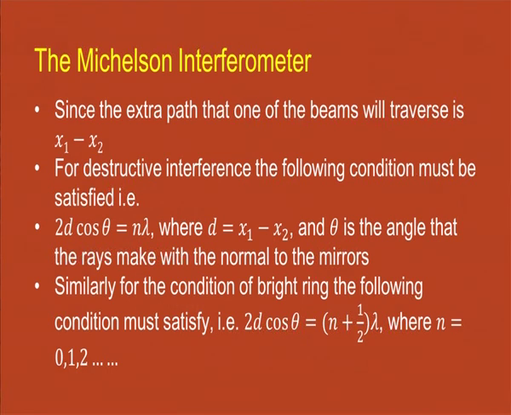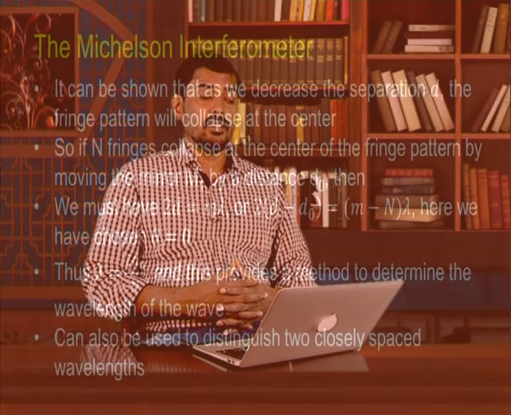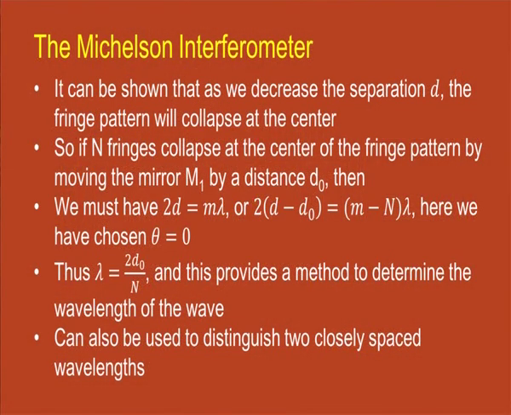Now, it can be shown that as we decrease the separation d, the fringe pattern will collapse at the center. So, if n fringes collapse at the center of the fringe pattern by moving the mirror M1 by a distance d0, then we must have 2d is equal to m lambda, or 2(d minus d0) is equal to (m minus n) lambda.